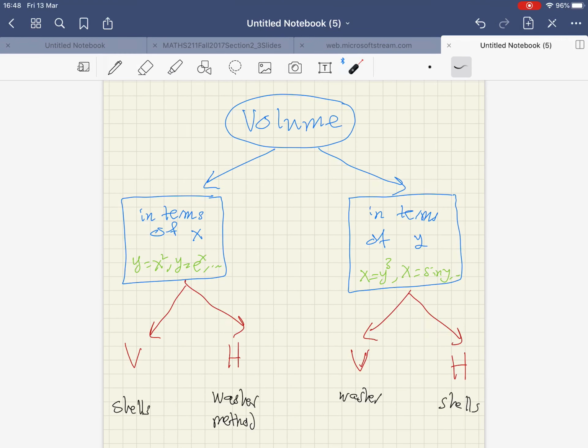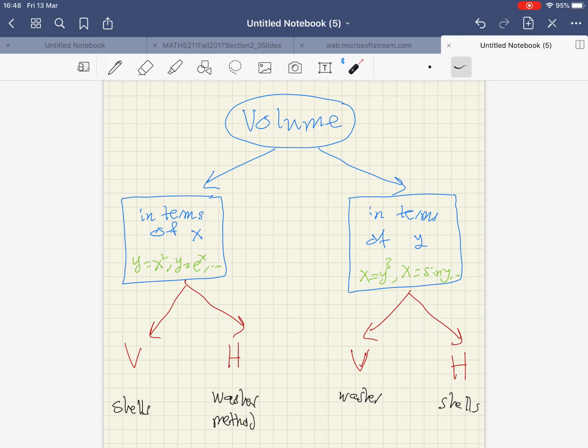First of all, we ask ourselves, are the functions in the questions in terms of x or in terms of y? If it's in terms of x, something like y equals x squared, y equals e^x, y equals x squared plus 5, the next question is the axis of revolution. Is it vertical or horizontal? If it is vertical and in terms of x, we will use the shell method, which is radius, thickness, and height.